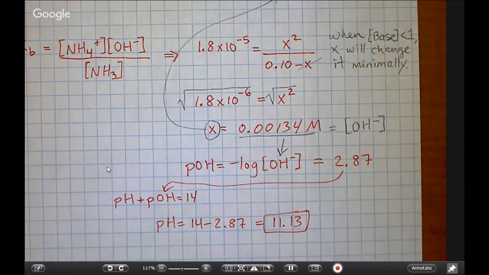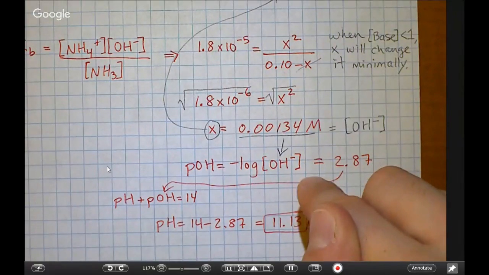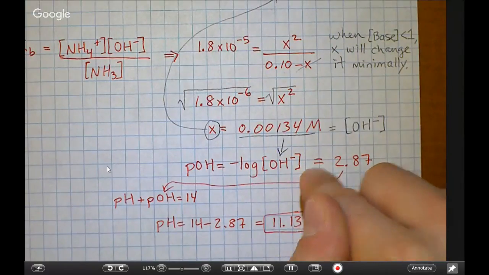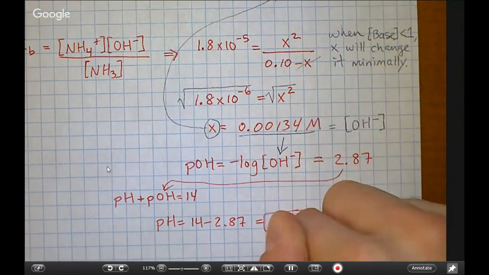So the pH should be basic. Okay, fair enough. It's basically the same thing as dealing with weak acids. It's the same mathematical concept. The only difference is if we want to find pH, we have to go the extra step and realize that what we're finding for X is our hydroxide, and then plug that in for pOH, and then go one step further to find pH.